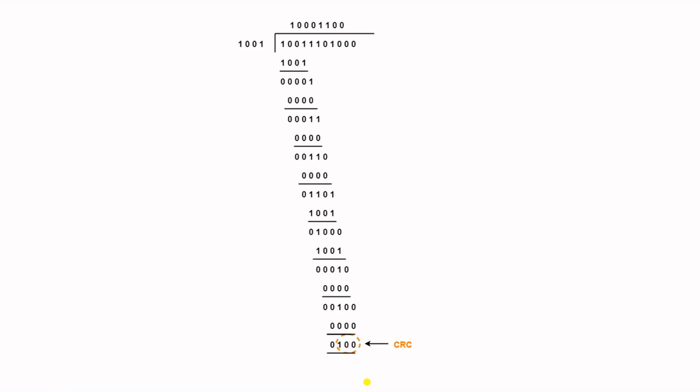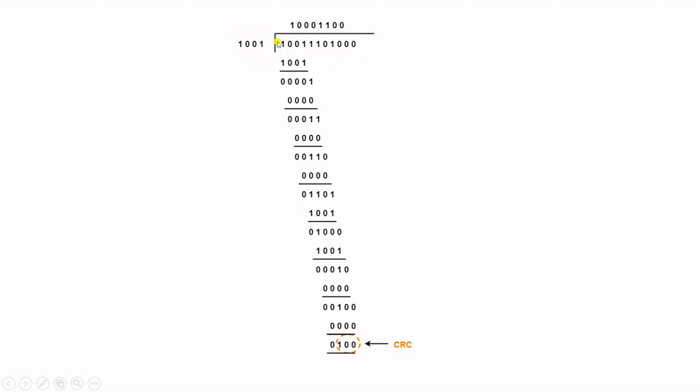Now, the generator polynomial is 1001 and the data is 100111101.